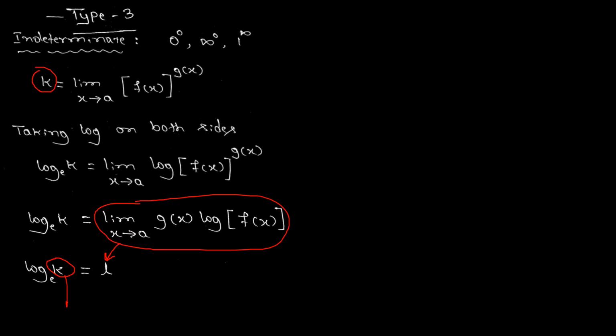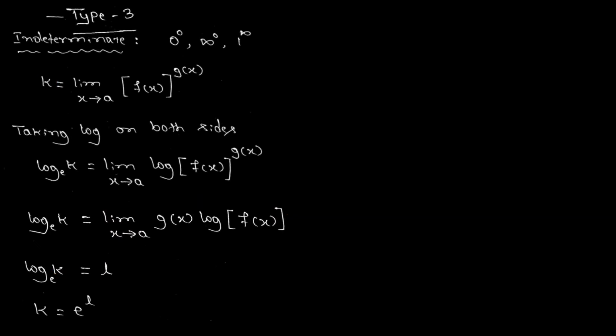If you apply antilog on both sides, the answer for k will be k is equal to e to the power L. That means if you take this log to this side, you can remember it as e to the power L. Whatever answer you get, it becomes the power of e. That will be the answer for the given question.